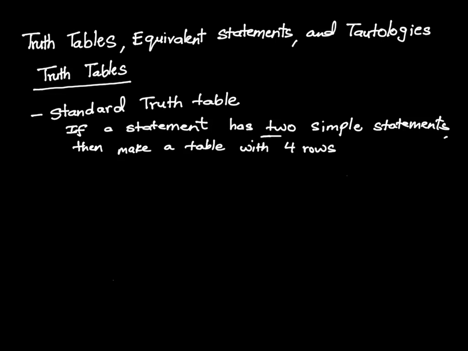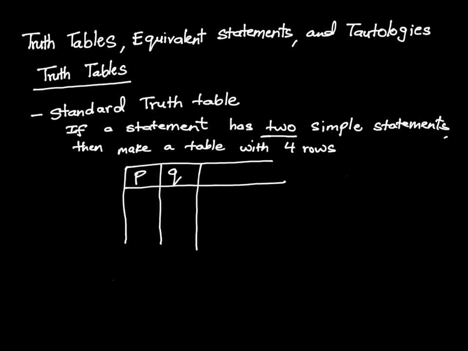And how does this 4 come? Because 2 raised to the 2 is 4. So we always do 2 raised to the number of simple statements. So let's say P is a statement, Q is a statement, so we make 4 rows there.